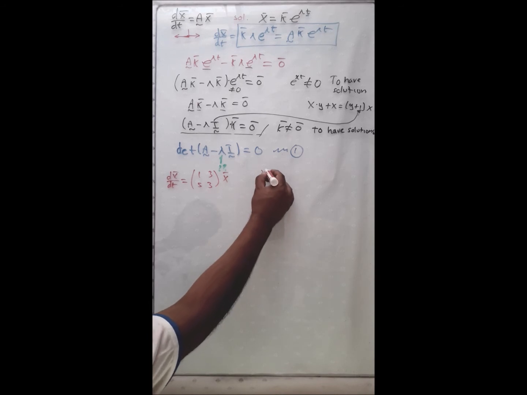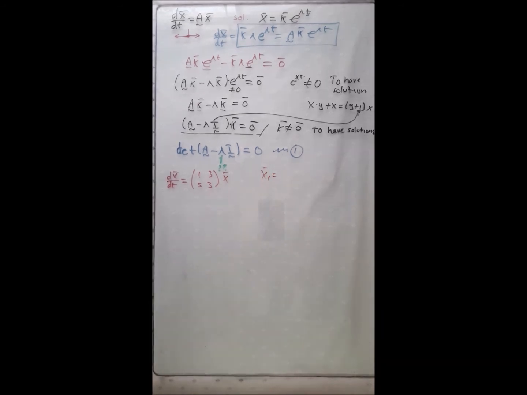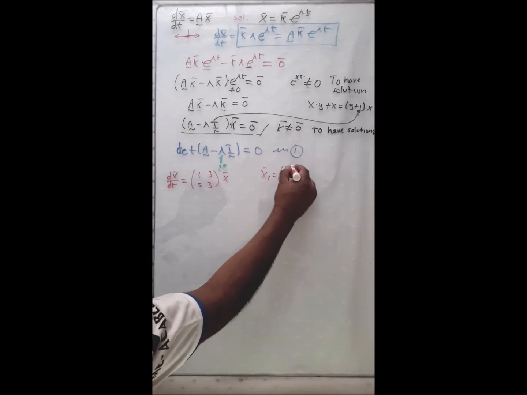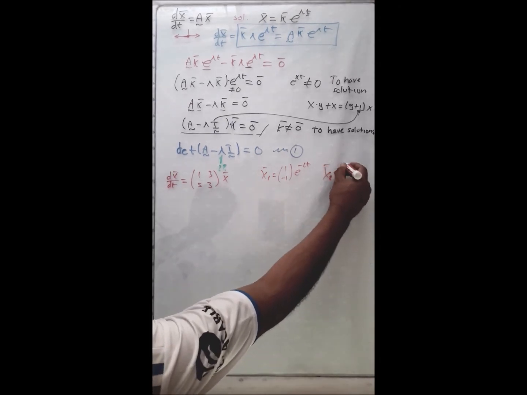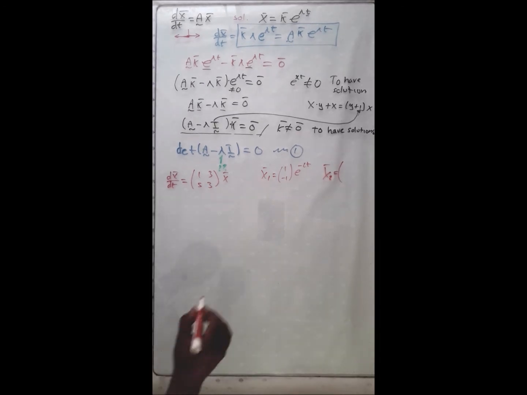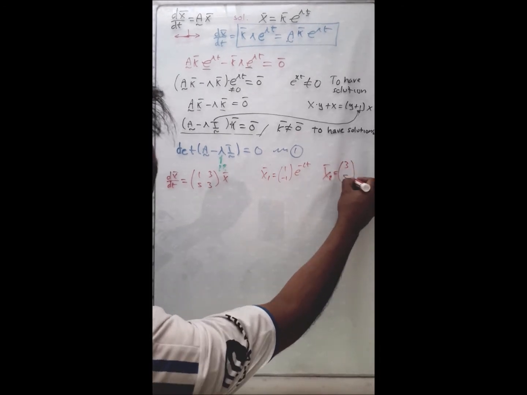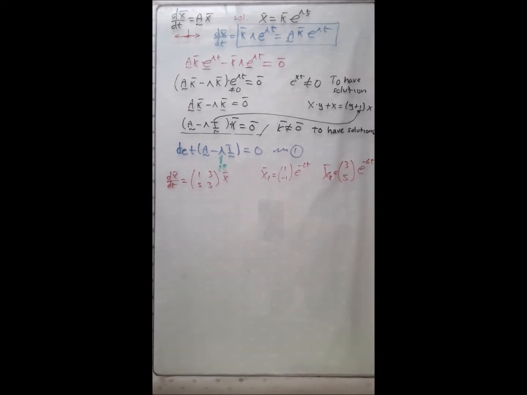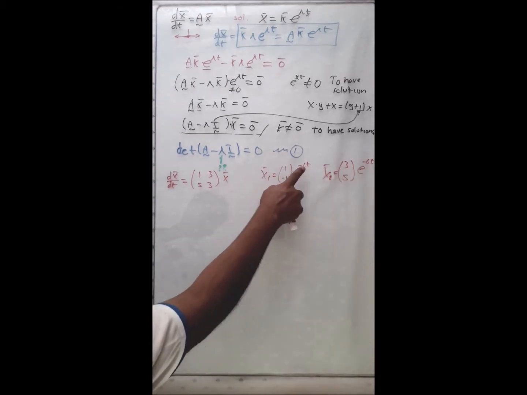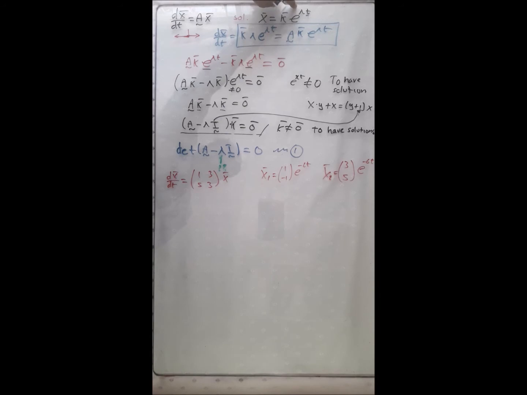If you remember, the first solution was 1 and minus 1 times exponential of minus 2t, and the second solution was 3 and 5 times exponential of 6t. Now we are going to use this formula to find the values of minus 2 and 6, because they happen to be the values of lambda. So let's do it, engineers.